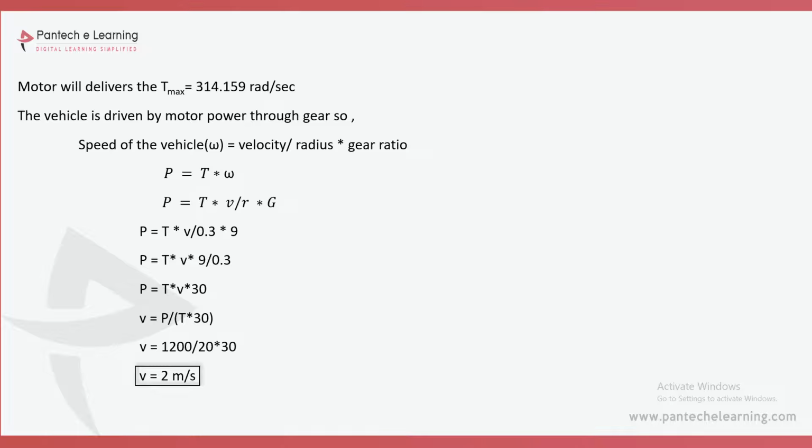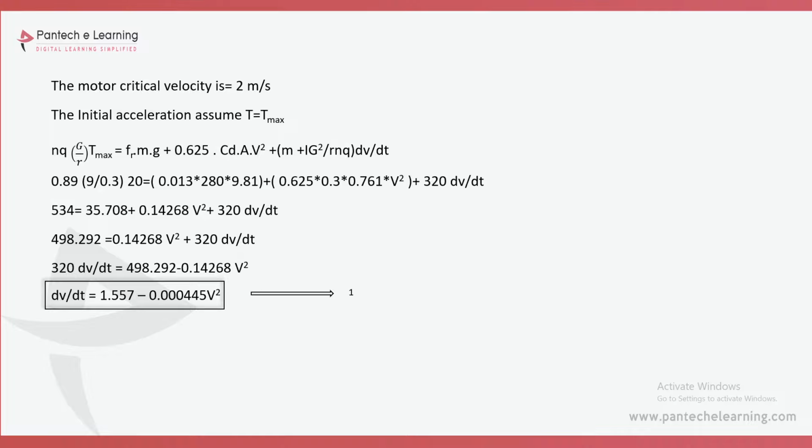I don't know the maximum speed, but we assume the vehicle moves at 2 meter per second, from the zero position to 2 meter per second. So the motor's critical velocity is 2 meter per second.